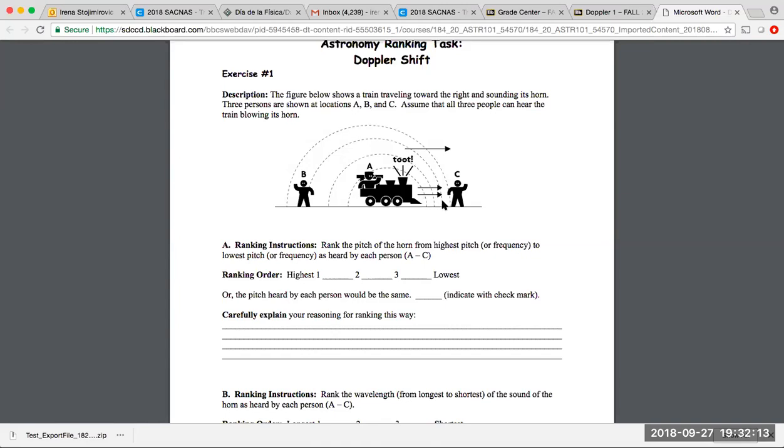And you can see how wave crests are much closer together here than here. So that means that if the wave crests are closer together, then the frequency is higher. And so this observer C would actually receive a higher frequency than the one in the train, and definitely higher than that one. Okay, that makes sense.